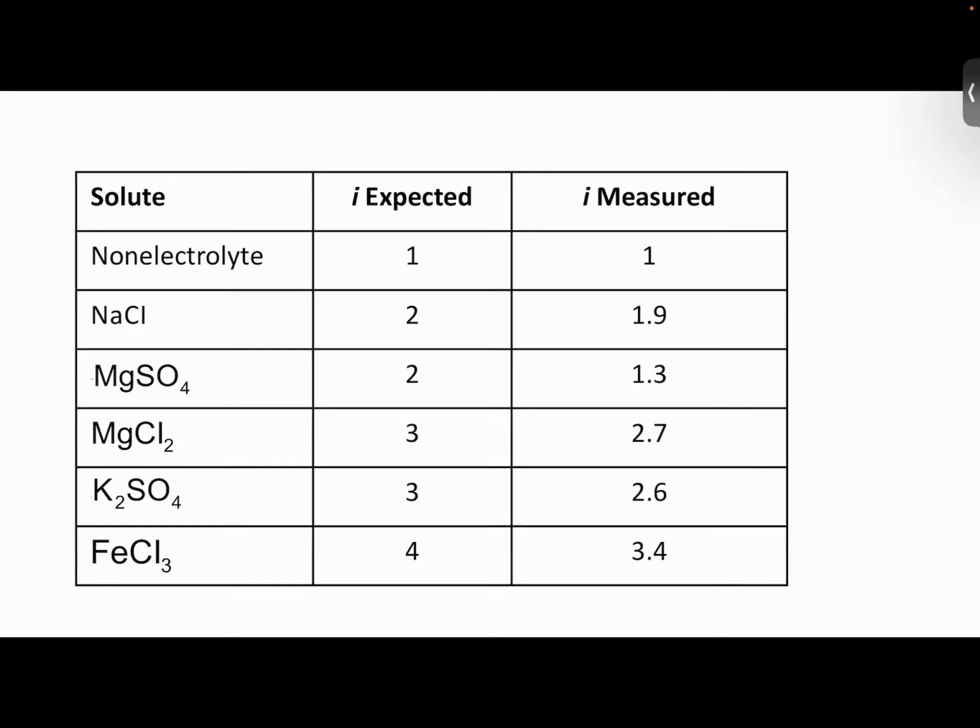Meaning we hit the saturated level. So once you hit saturation, you have some going in and some precipitating right back out. And so the Van Hoff factor isn't quite there.